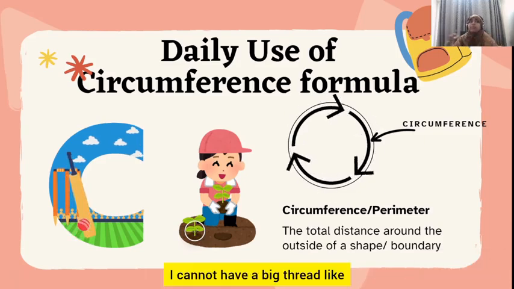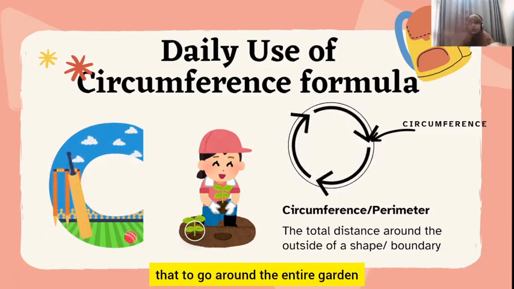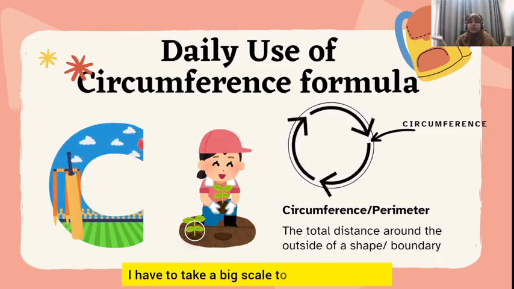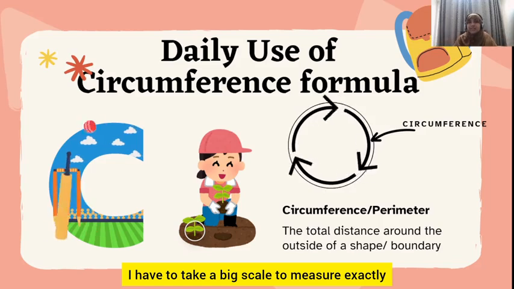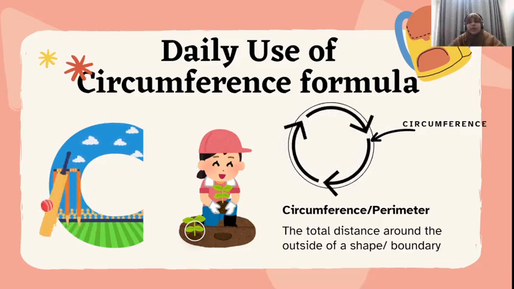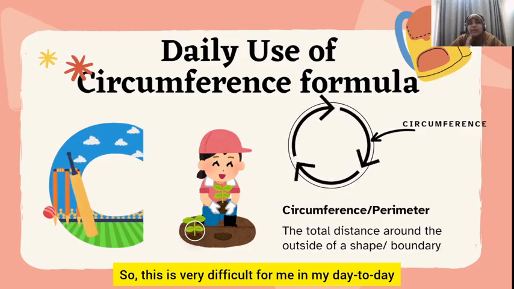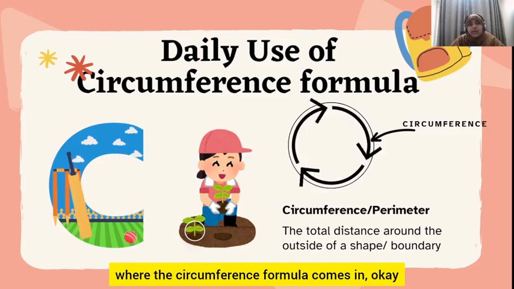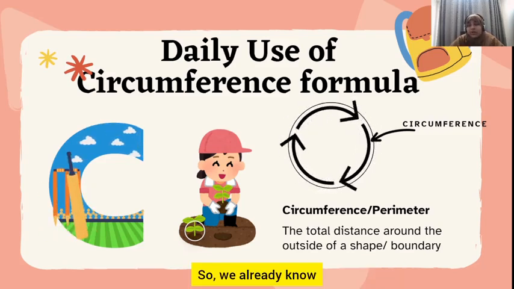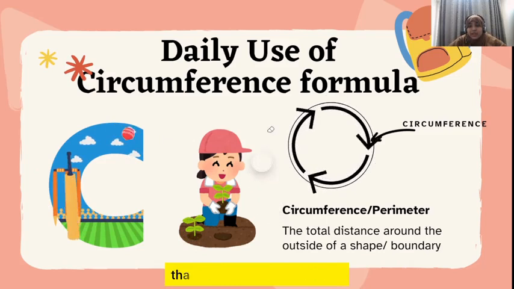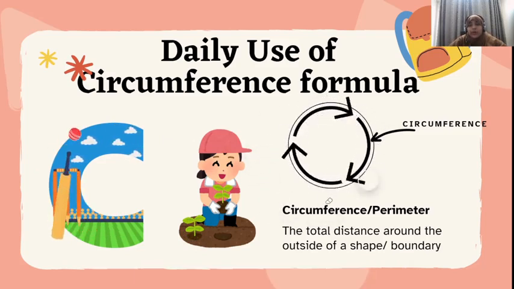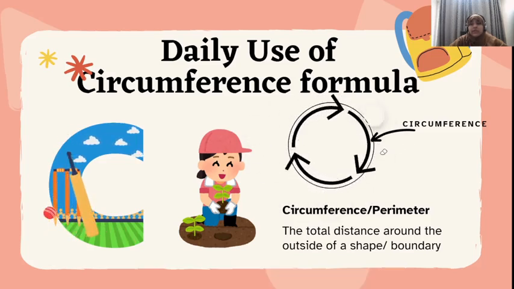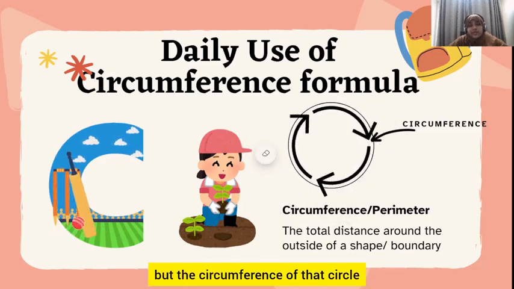I cannot take a big thread to go around the entire garden, or a big scale to measure exactly how much the circumference would be. This is very difficult in day-to-day life, and that is where the circumference formula comes in. We already know that circumference is the measurement of the boundary of the circle.